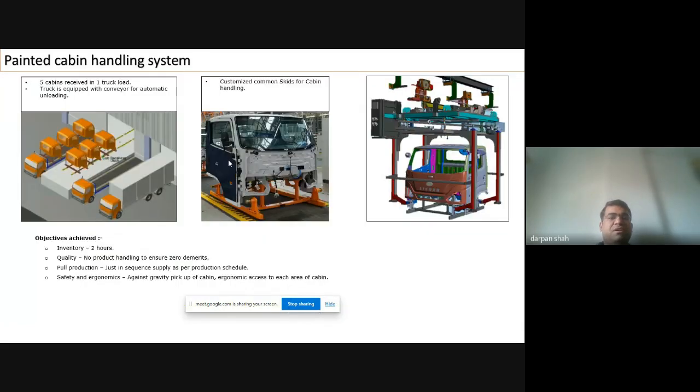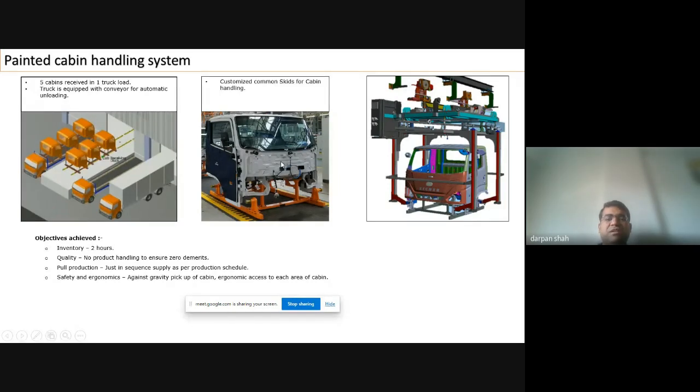Going forward, if I say cabin handling, cabin being a very voluminous part and aesthetically important part, if there is some damage, then it is purely visible to the customer. So it is very important to not handle or damage the outer surface area of the cabin, which is A class surface area.